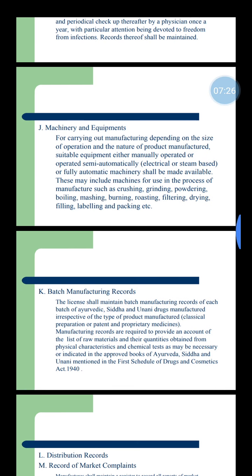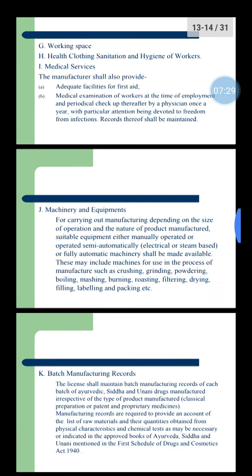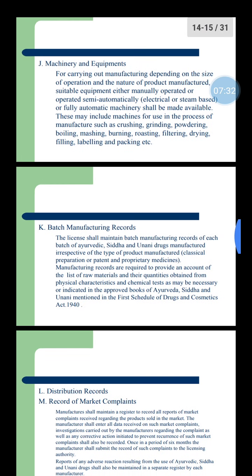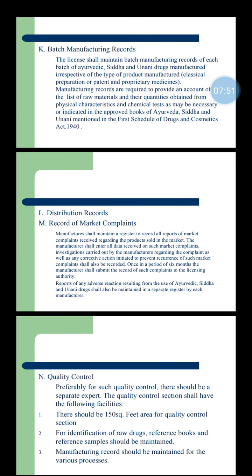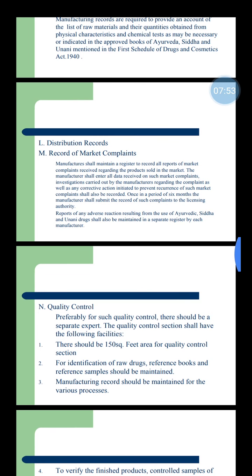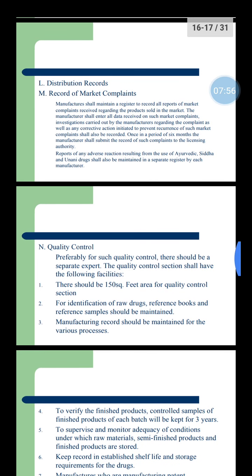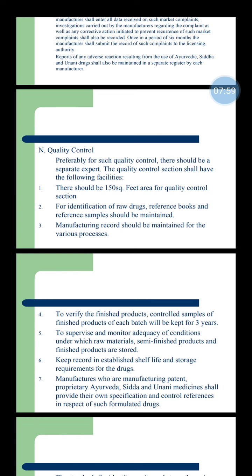Today you discussed the machinery and equipment used in the process of pharmacy or good manufacturing practices. Next, batch manufacturing records: to maintain the batch records is essential for Ayurvedic, Siddha and Unani drugs in the First Schedule. Then distribution, records of market complaints, and quality control, with its various sections or space for the quality control area, which is 150 square feet.